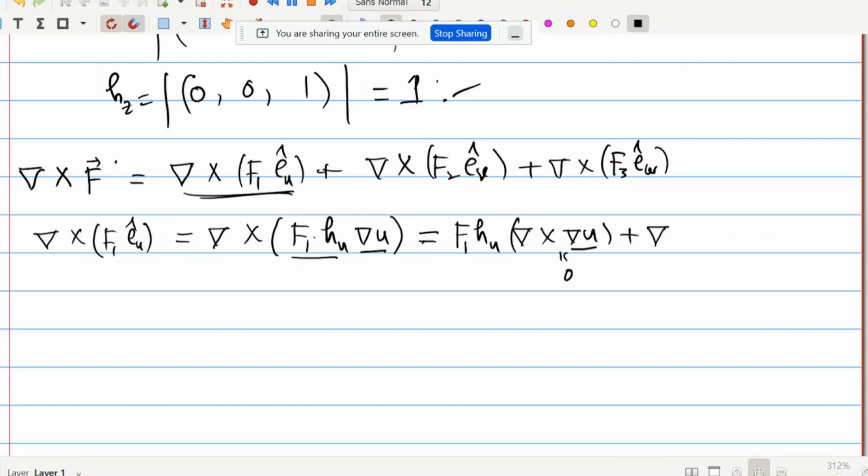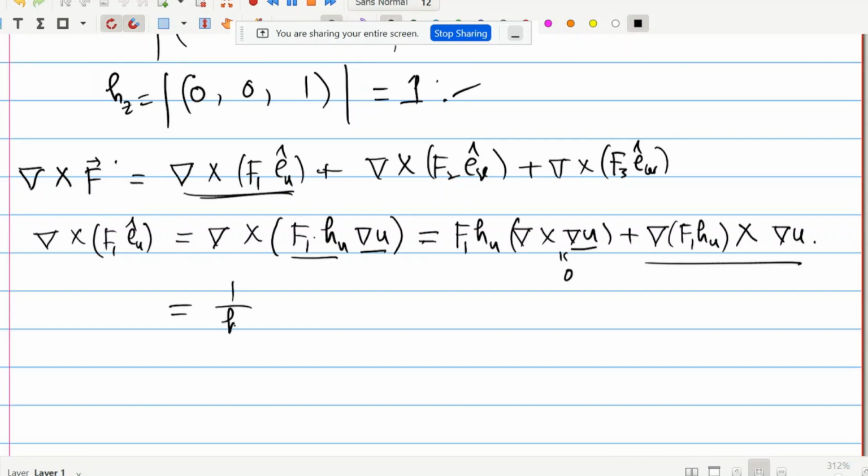Gradient of F1HU, crossed with gradient of U. So you need to calculate this one. What I do is I'll put it like this. Gradient of H, this you know, right? So what is the gradient of F1HU?